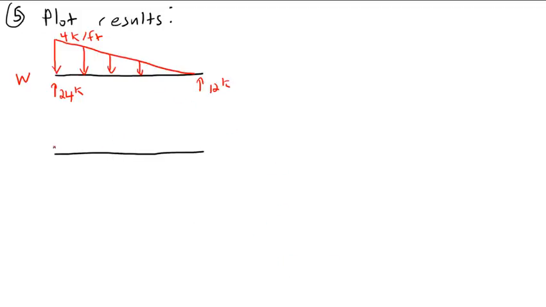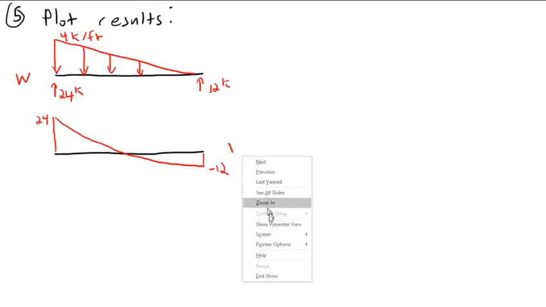Then I'm going to have shear. That's going to start off at 24. Now this is actually going to be parabolic, going down to negative 12. And this is, again, v as a function of x.